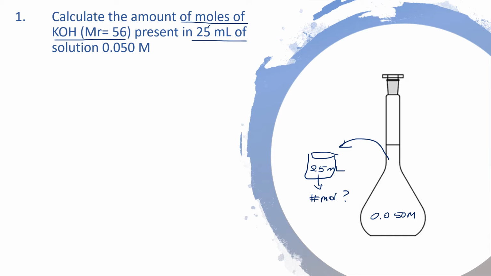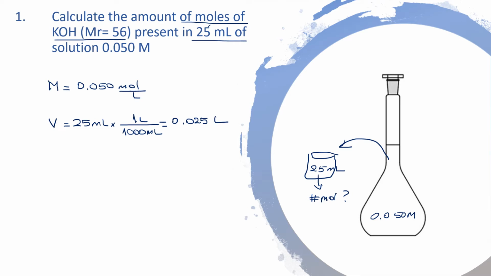So we know that the molarity is 0.050 moles per liter. The volume is 25 milliliters. I know that 1000 milliliters is equal to 1 liter. So this one is going to be 0.025 liters.